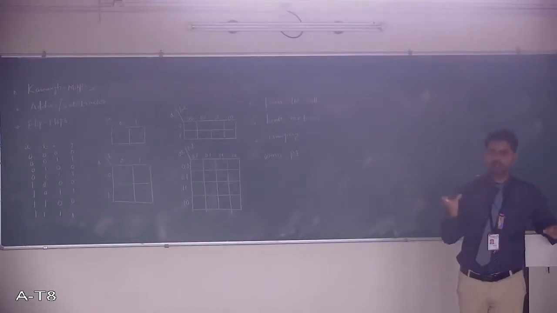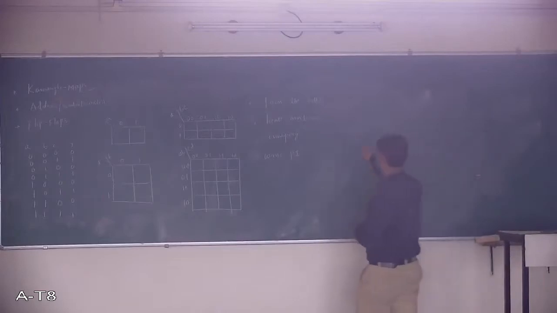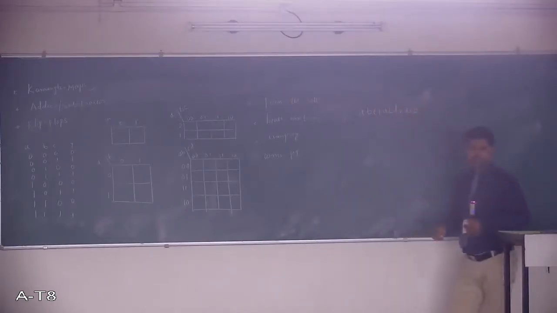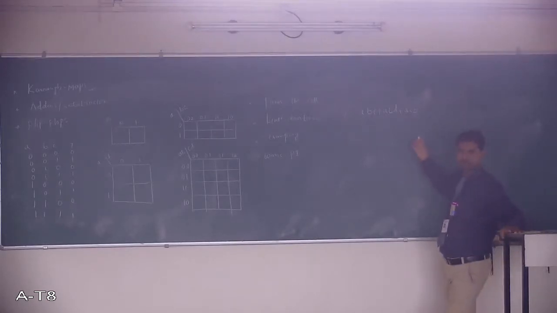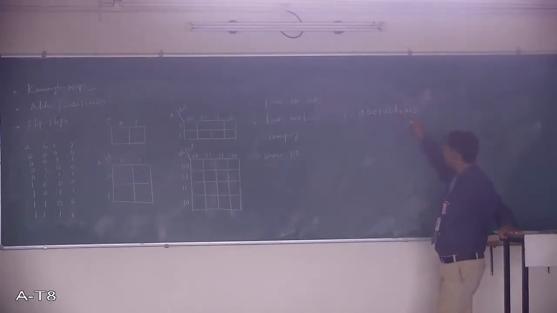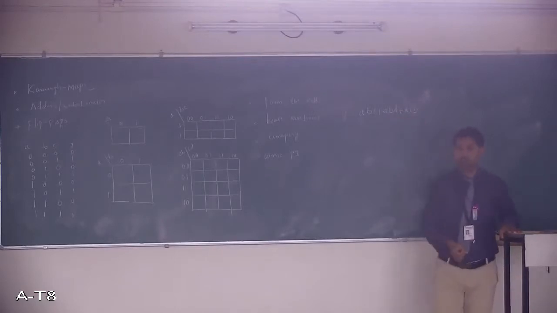Suppose the expression is y equals a bar b c plus a b d plus a c b. What are the unique input variables? Here a, b, c are there, or a bar, b, c. Here it is a, b, d. Here it is a, c, b.